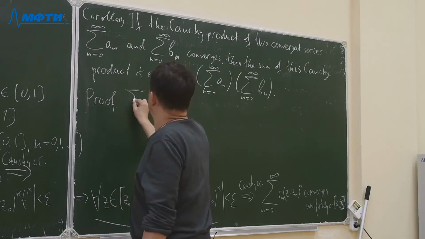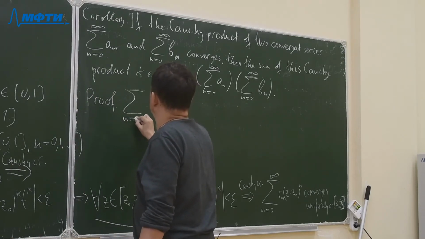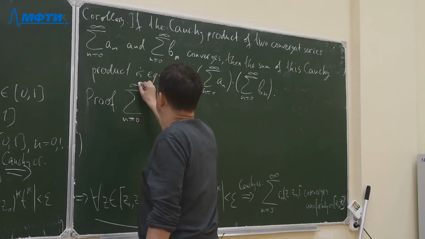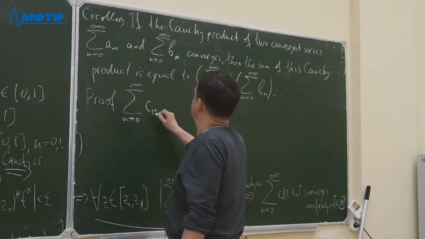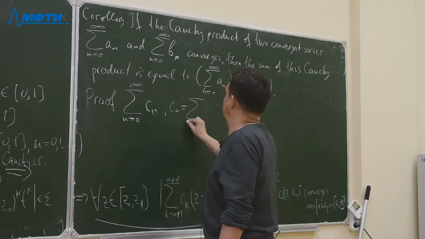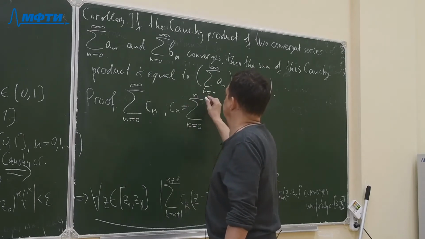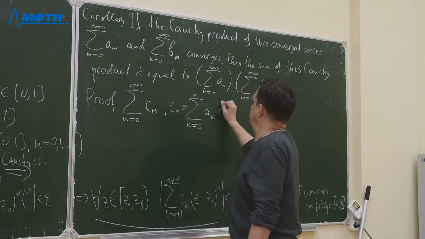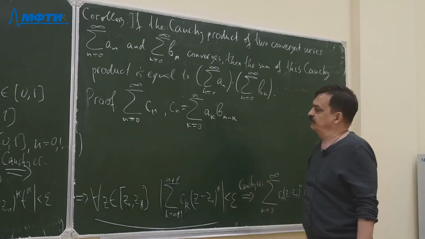I recall what the Cauchy product is, so that is the sum of c_n, where c_n equals the sum over k from 0 to n of a_k b_{n-k}.